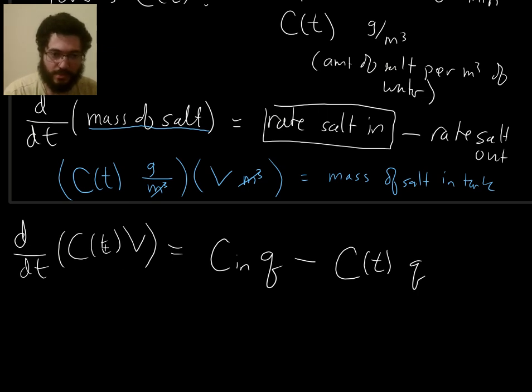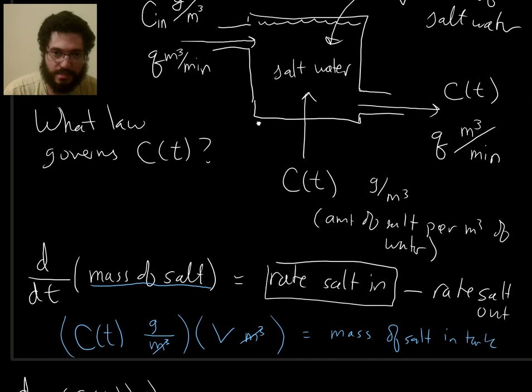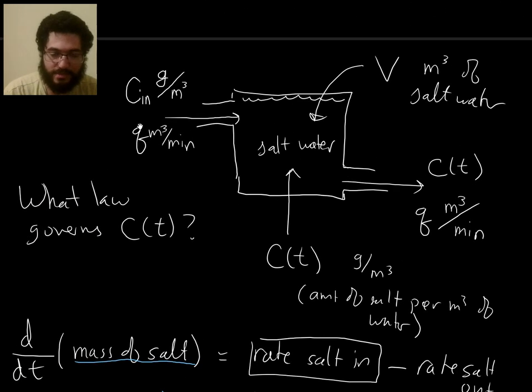If you want to write this down as something that looks more clearly like a differential equation in C, C prime equals some stuff involving C and T, then you should take the derivative on the left side. Now if you go ahead and take the derivative on the left side, the V is a constant. The V does not depend on time. That's thanks to the fact that we rigged this so that the flow rate Q of fluid coming in and the flow rate Q of fluid going out are equal. So we're guaranteed that V is constant.